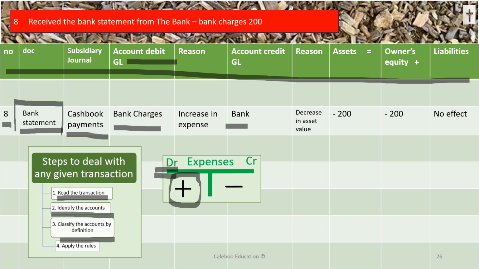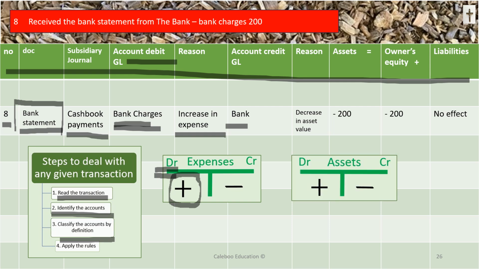So in the general ledger, the account that is debited is bank charges, and the reason, increase in expense. The account that is credited is our bank account. Bank is an asset, and our bank balance has decreased, so the rule says we must credit the bank account, and the reason, decrease in the value of the asset bank.